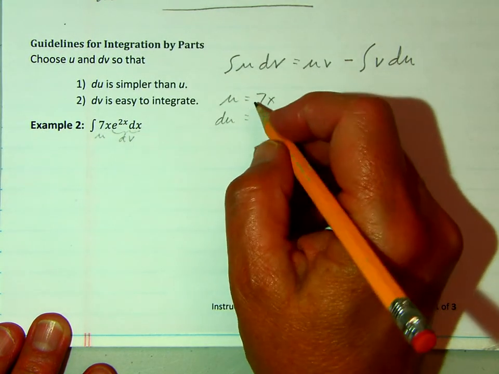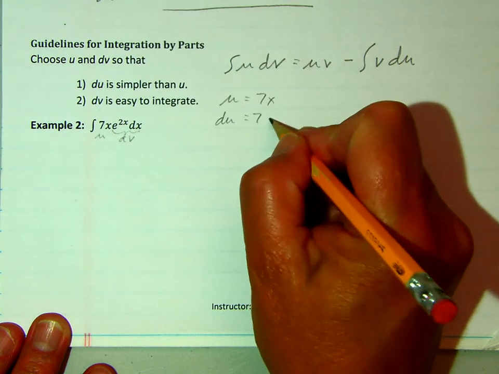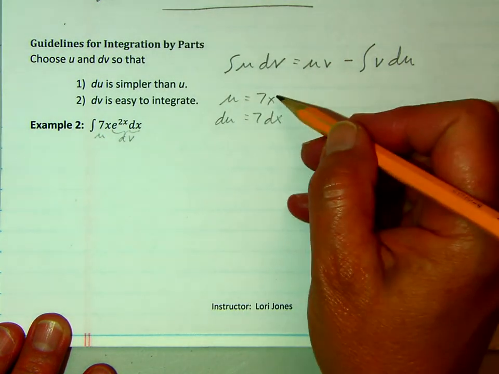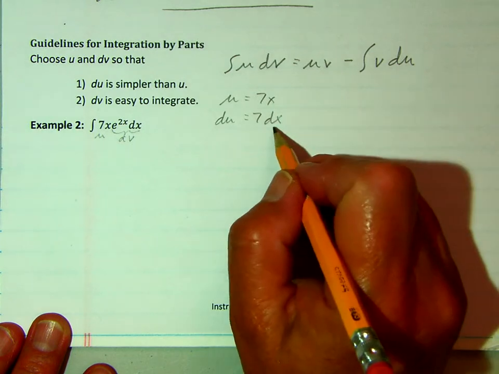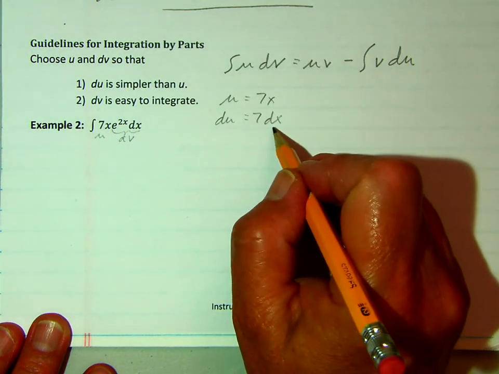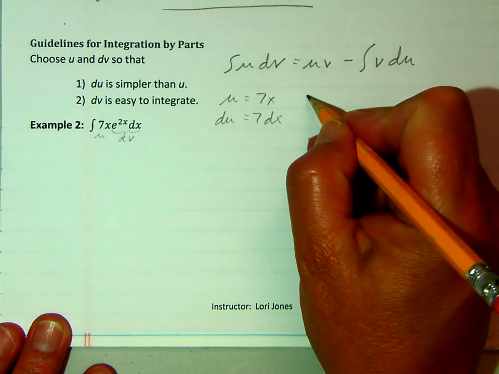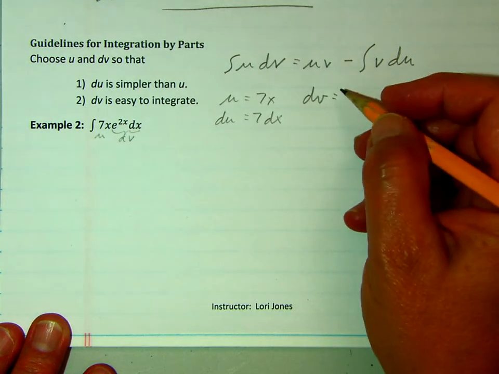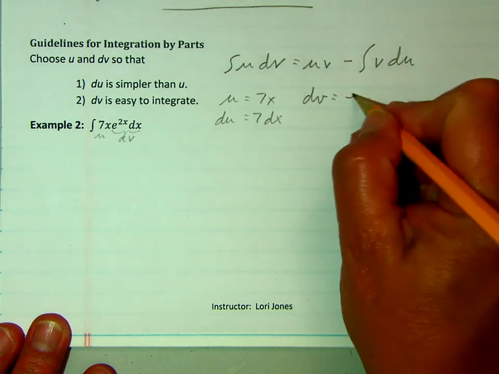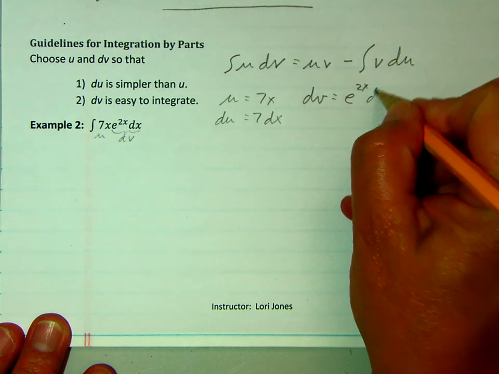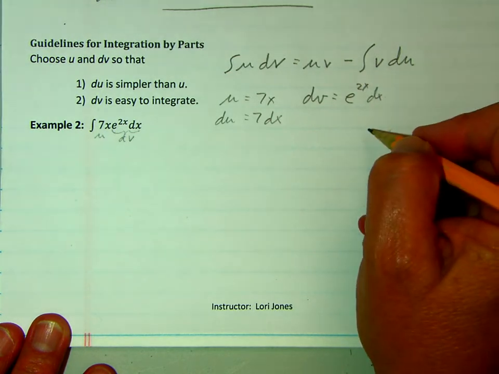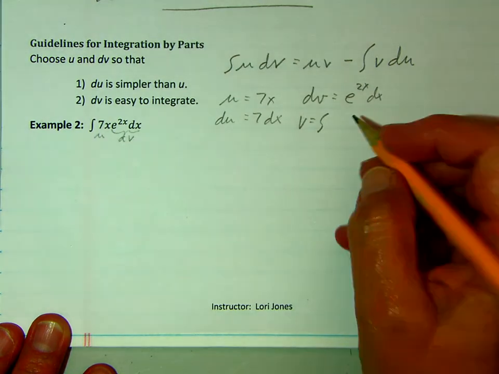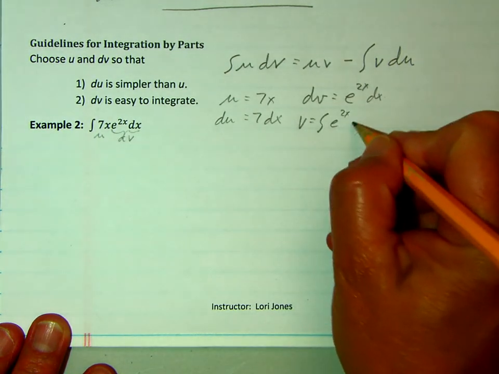Notice that if u is 7x, du is 7 dx, it is indeed simpler because I don't have the variable anymore except for the differential. And if I let dv equal e to the 2x dx, then v is the integral of e to the 2x dx.